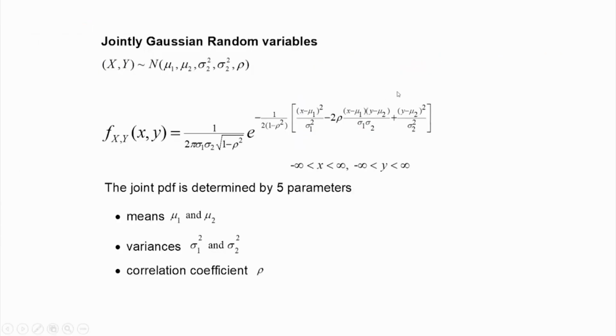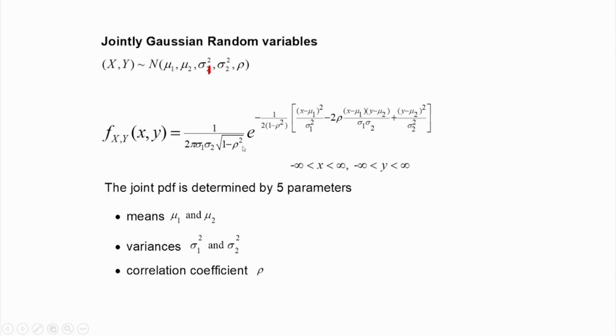We will give one example of a two-dimensional random variable. This is the notation: x y is distributed as normal mu1, mu2, sigma 1 square, sigma 2 square and rho. So, there are 5 parameters and the expression for the joint PDF is this.